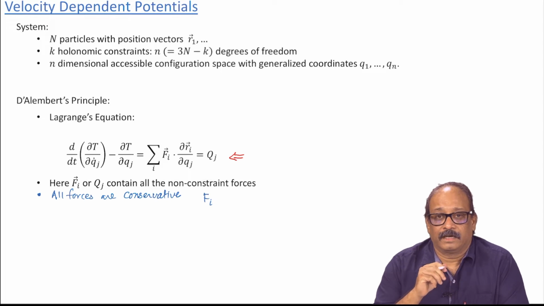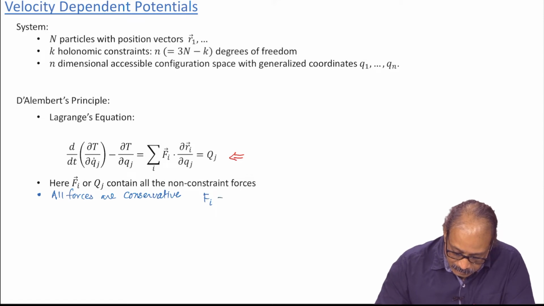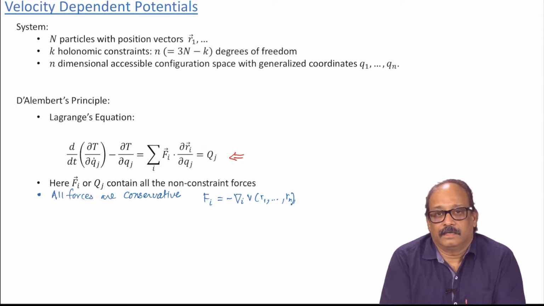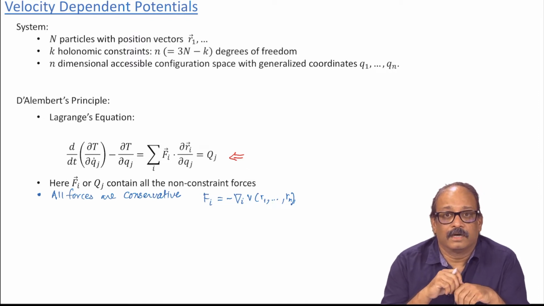So, I am going to write F_i, the force on the ith particle. I should be able to derive it from some sort of a potential V, which is a function of the 3n Cartesian coordinates. And here the gradient_i refers to the gradient with respect to r_i.